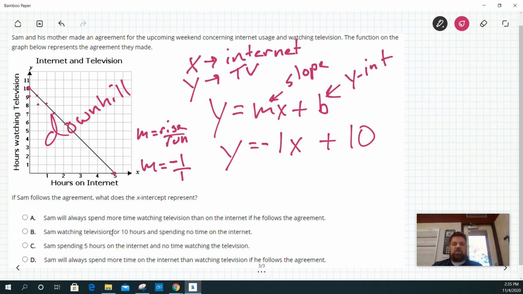So then it says Sam is watching television for 10 hours and spending no time on the internet. No, well, that's part of the agreement, but it's not the whole agreement. But then the next one says Sam spending 5 hours on the internet and no time watching television.